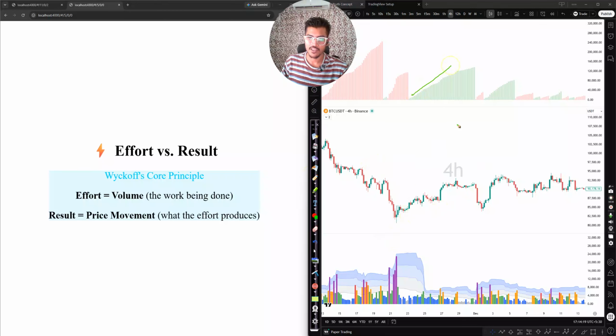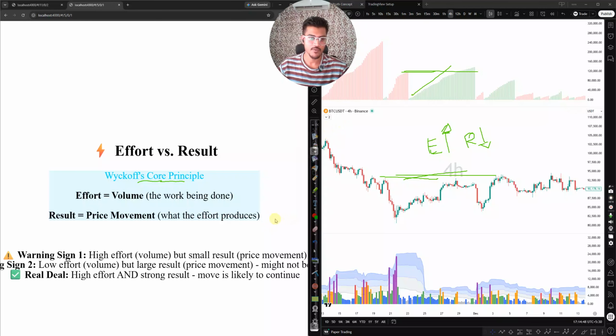If this is your big move, the result should definitely be above that, this high, but it wasn't, right? So there was effort indeed, but the result was very little. So that's the Wyckoff core principle. Okay, let's move on.